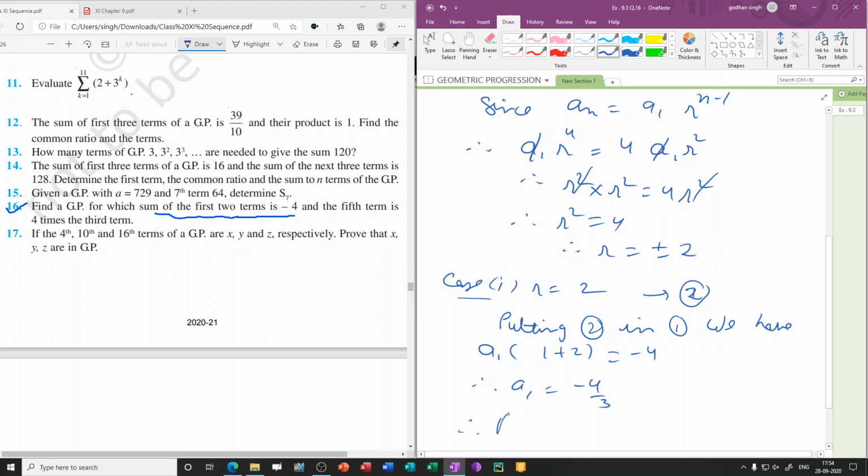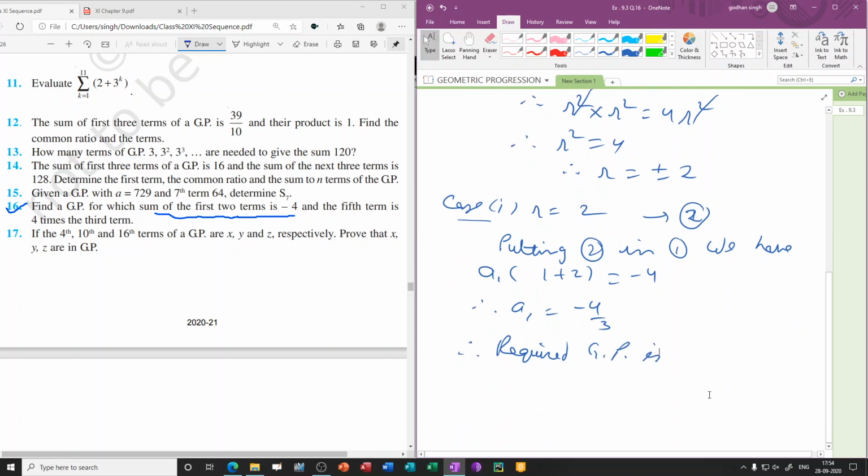Therefore required GP is, and what is the required GP, that is A1, A1R, A1R square and so on. So that is equal to, first term is A1, that is minus 4 by 3.